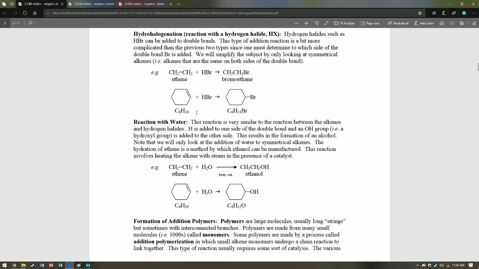Next, we can combine what we just discussed, and we can do hydrohalogenation, which is the addition of a hydrogen halide, HX. For standard levels, you'll always be given symmetric alkenes.